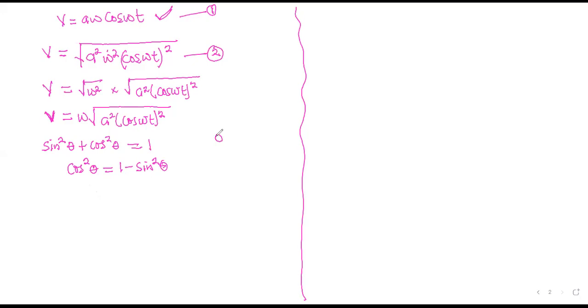Don't forget, theta is equal to omega t. So I want to modify equation 3. Wherever I see cos squared omega t, I'm going to put 1 minus sine squared omega t. So V is equal to omega times the square root of a squared times 1 minus sine squared omega t.